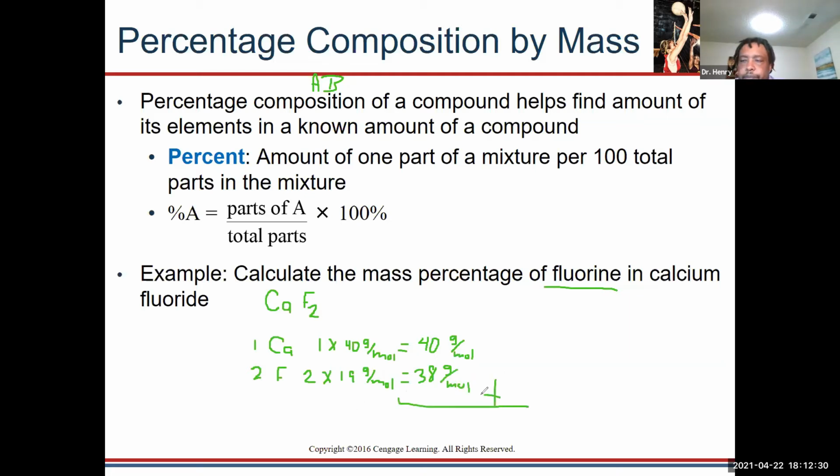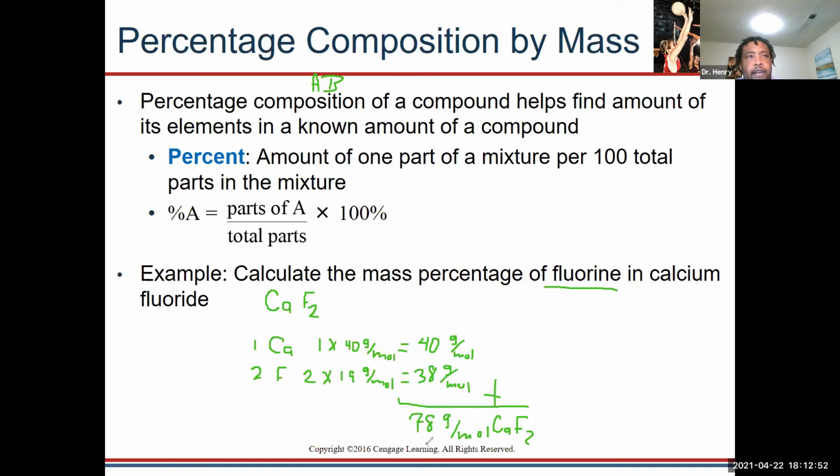What do we get? 78 grams per mole. Okay, so that gives me the whole, or the total. That gives me the mass of the total.